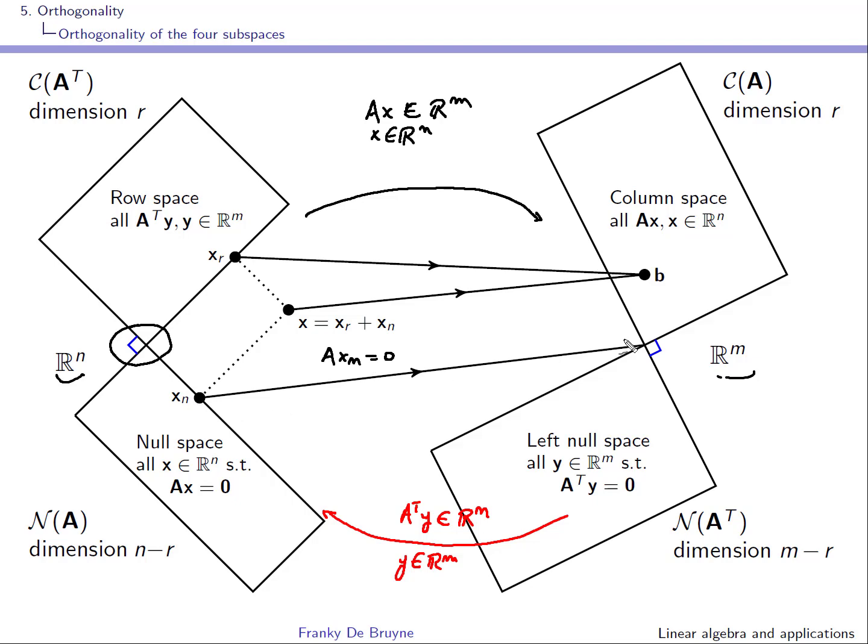So A xn will be sent to the origin over here. And this vector in the row space will be sent to some vector here in the column space. So we'll have A xr equal to some vector b in the column space. And we had seen here that xr and xn are perpendicular, they are orthogonal. So this is how you see things here.